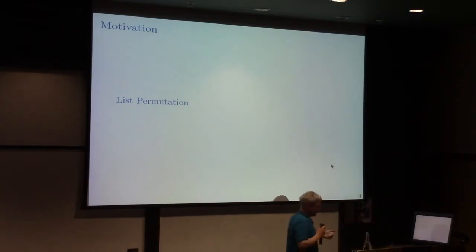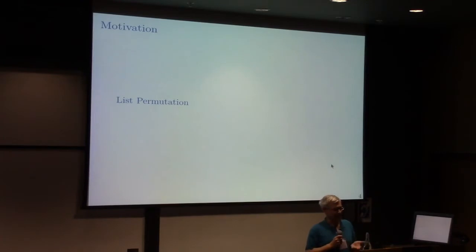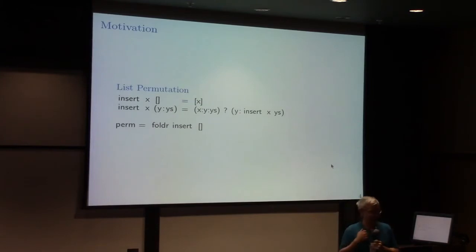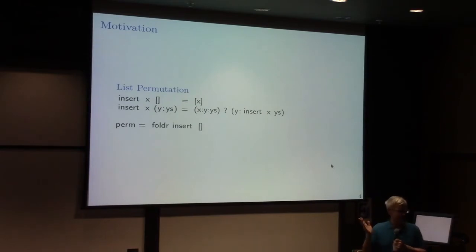But if you have heard of the functional logic programming language Curry, and if you ever looked at the standard library of Curry, then you'll see this code for obtaining list permutations. Curry has a Haskell-like syntax. It says the permutation is a foldr of insert over the empty list. It takes the list with the empty list as the zero and performs a fold of insert.